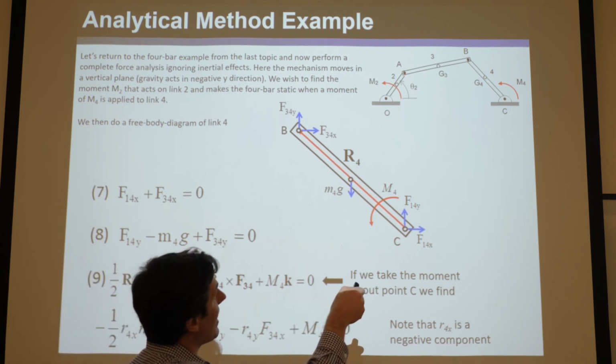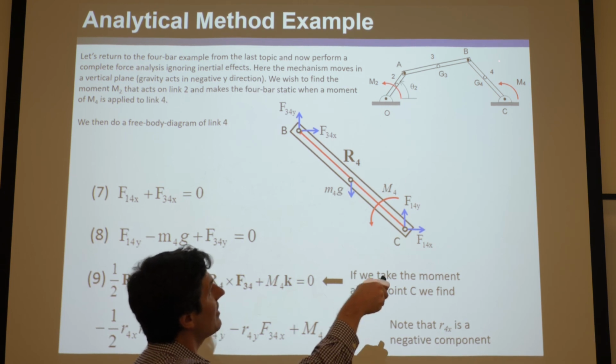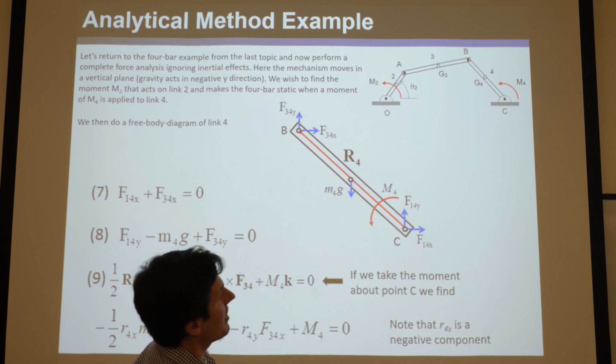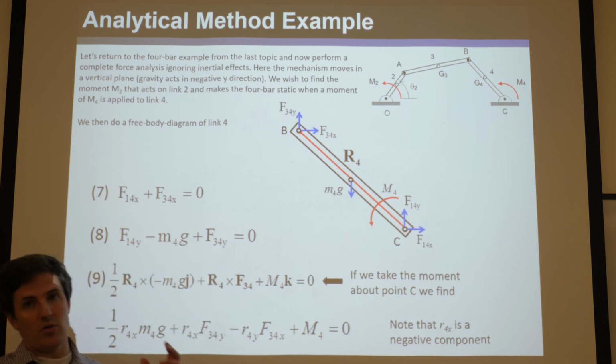Two there, and then at A there's 2 on 2 and 2 on 3. So it'd be 2, 4, 6, 8, 10, 12. So we don't know those 12 forces at all, the edges of the links.